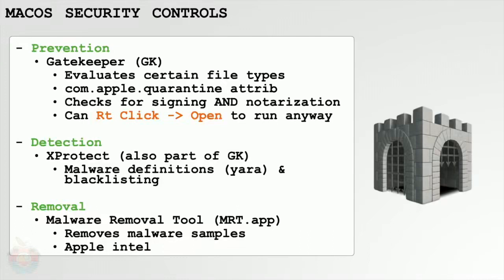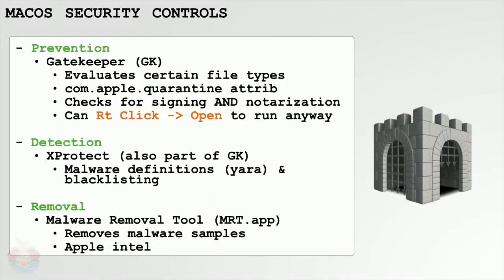Even though it is sort of a component of Gatekeeper, XProtect is where Apple has its intel of real-world malware samples that it has seen. Different Yara signatures and detections are built into XProtect, and those are updated periodically to macOS devices. And then, of course, you have the removal with mrt.app, which also sits with Apple intel.